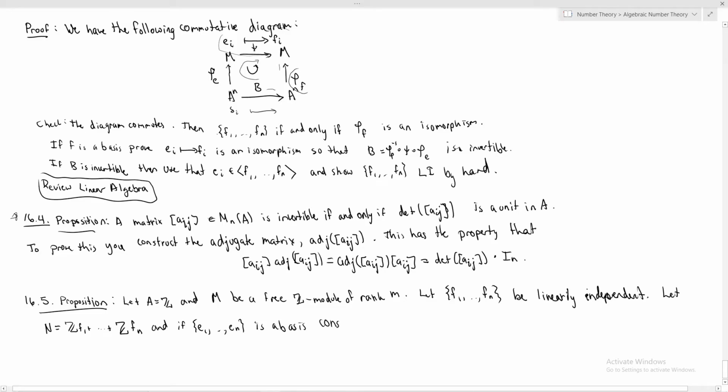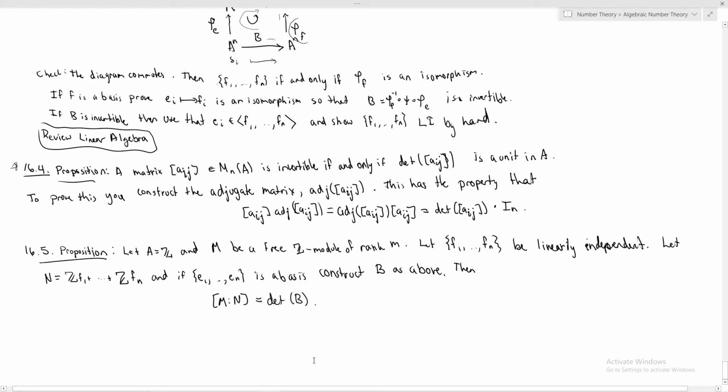Construct the matrix B above. So this is the change of variables matrix from E to F. And the claim is that the index of this module, the index of N in M, is exactly the determinant of the change of variable matrix.